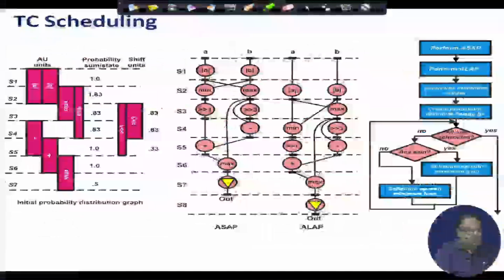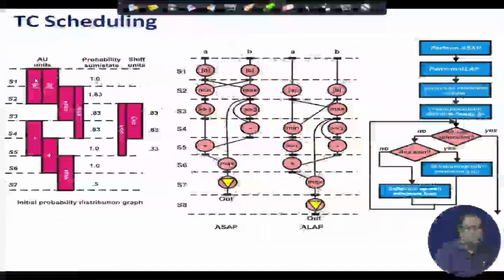Now, given these two, if I look at a sort of probability, where can probably the absolute operation on A be scheduled? The absolute operation of A can be scheduled at either S1 or at S2.